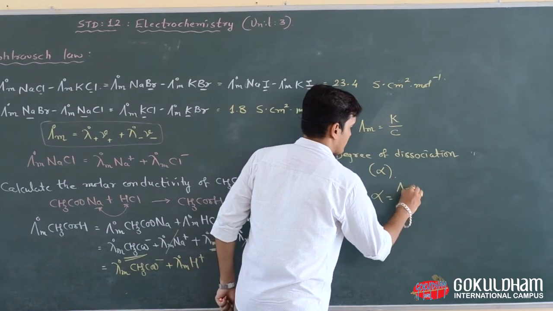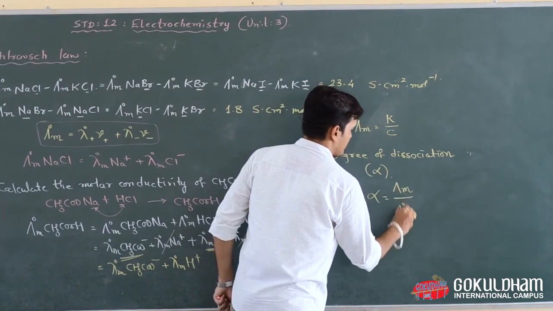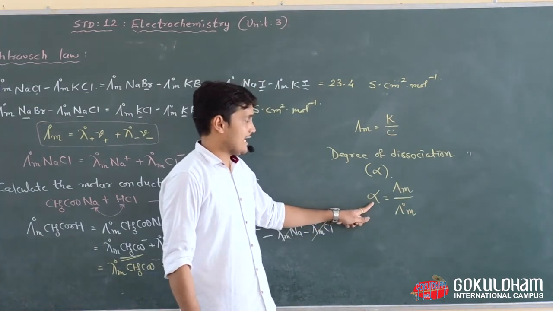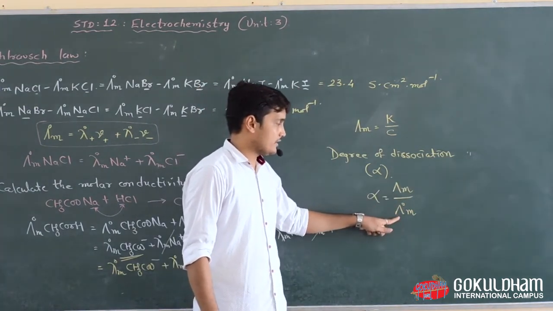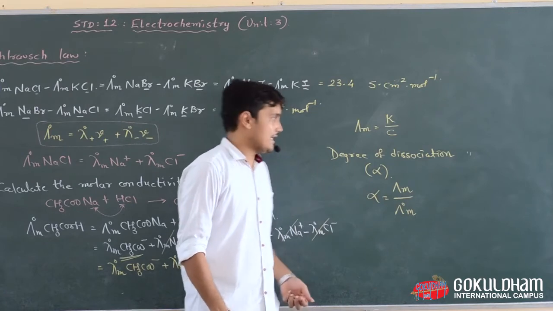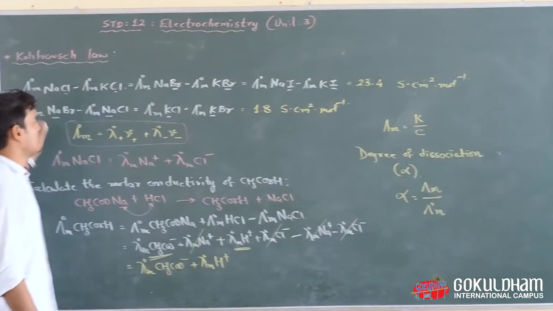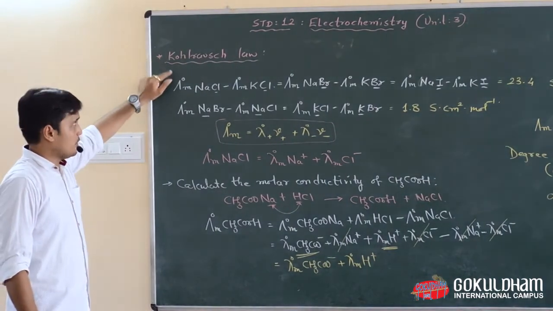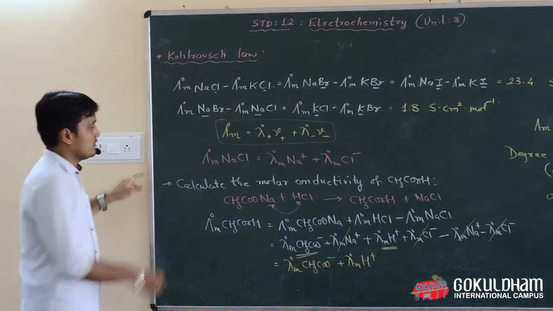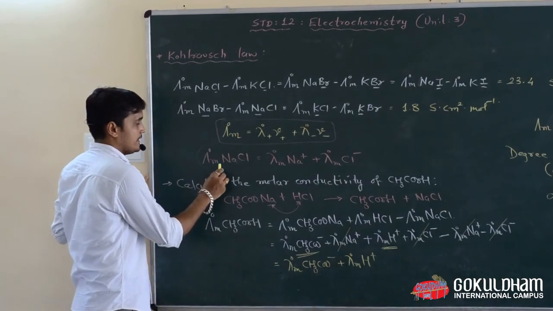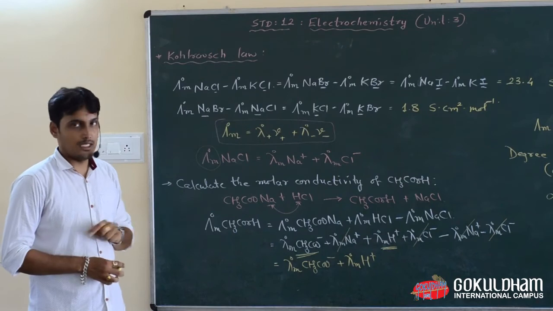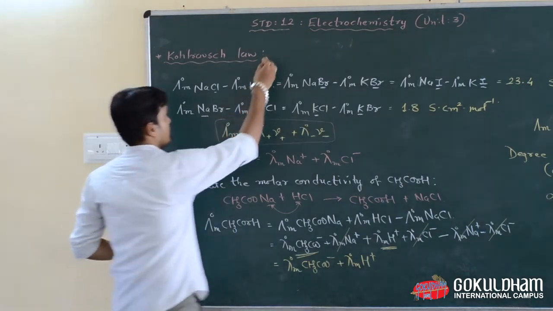You can calculate this alpha by lambda m upon lambda 0 m. So the equation is alpha is equal to lambda m upon lambda 0 m. Okay. So this is Kohlrausch's rule, which he found to calculate the limiting molar conductivity of a weak electrolyte.